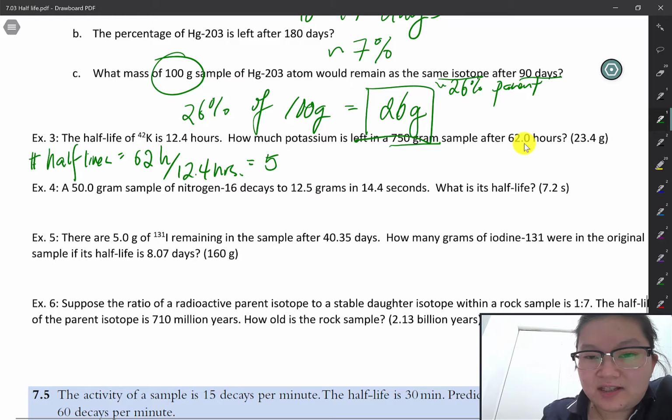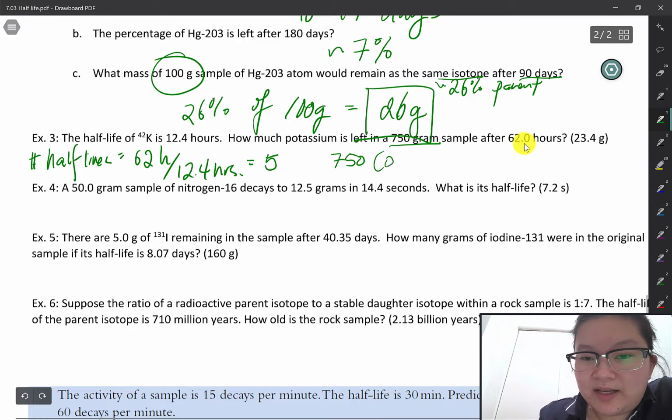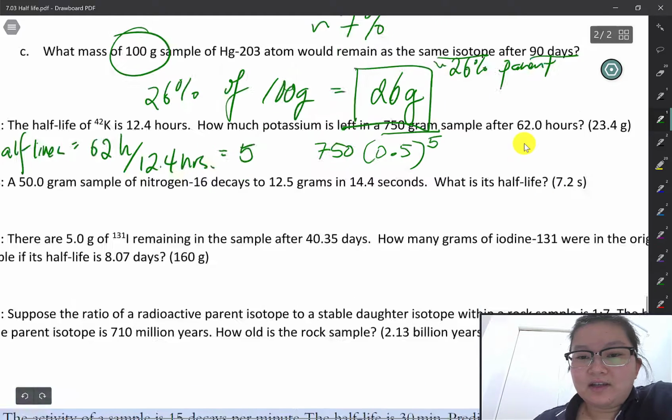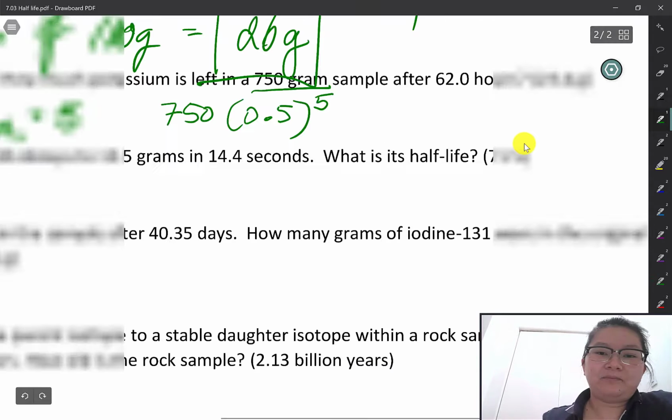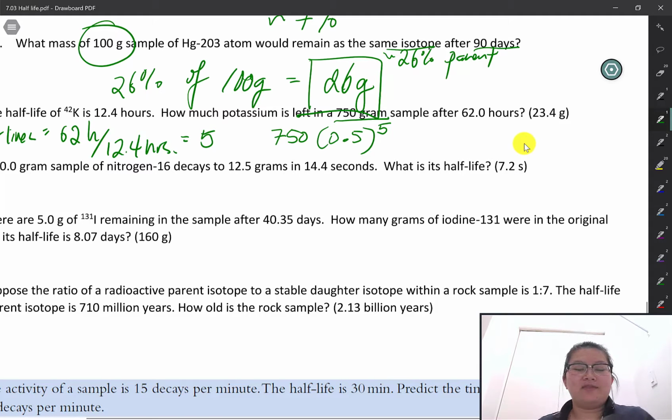Meaning we need to halve 750 grams 5 times. If we take 750 and divide it in half, that's once, and then divide it again, that's twice. Dividing by 2 is essentially multiplying by 0.5, so we take 0.5 to the power of 5, effectively halving 5 times.